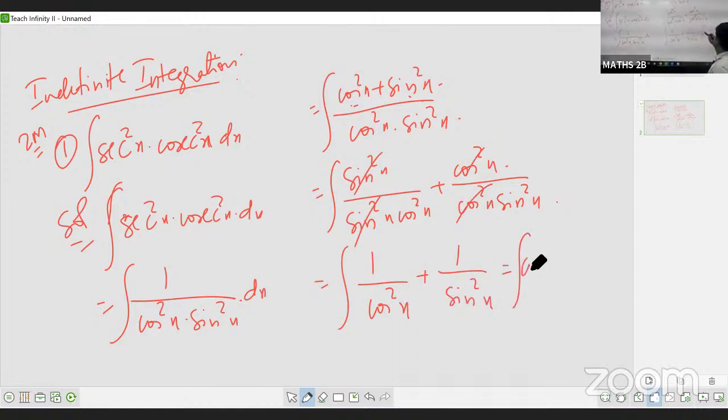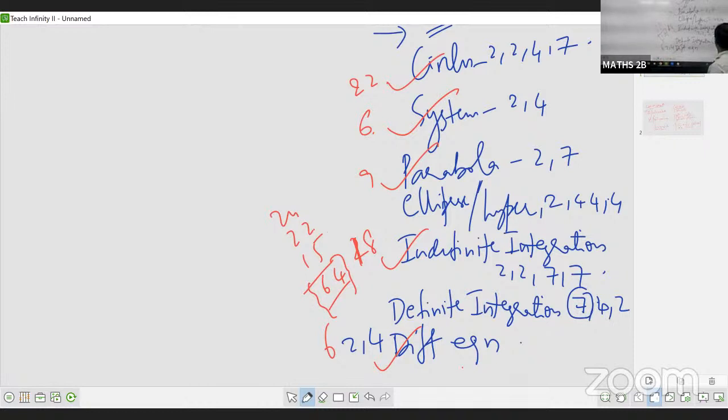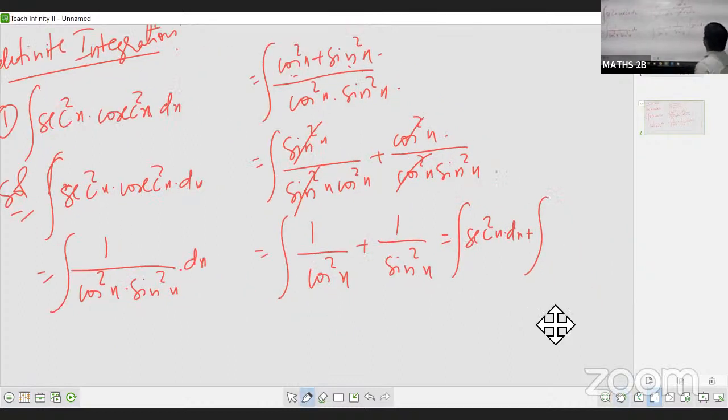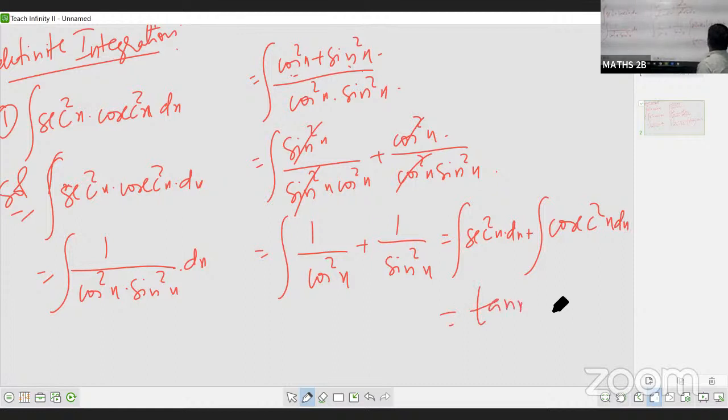Integration of 1 by cos square is secant square x dx plus integration of 1 by sin square x is cosecant square x dx.